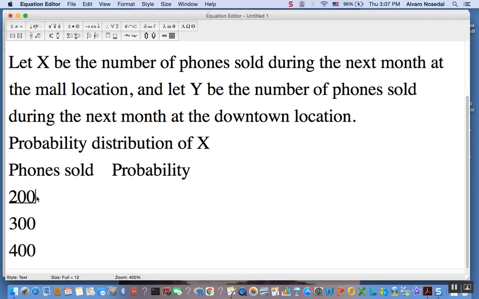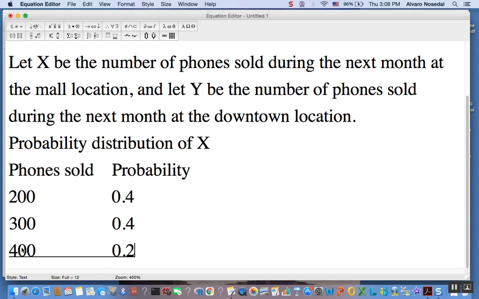The corresponding probabilities are 0.4 or 40% for 200, the same probability for 300, and finally 0.2 for the last possible outcome, 400.